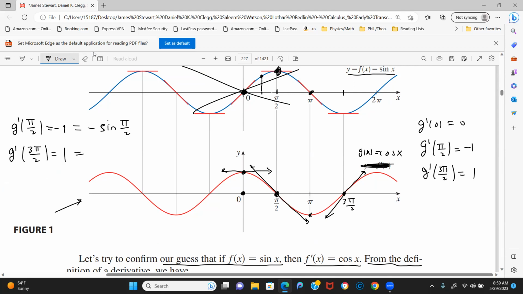And if you throw a negative on the sine of 3 pi over 2, you're going to get 1, because sine of 3 pi over 2 is -1, right? If you're not sure, pause the video and consult your unit circle. But sine of 3 pi over 2 is -1. And if you throw a negative in front of it, the negatives cancel out to give you 1, which is what we're estimating the derivative to be. All right, so that makes sense.